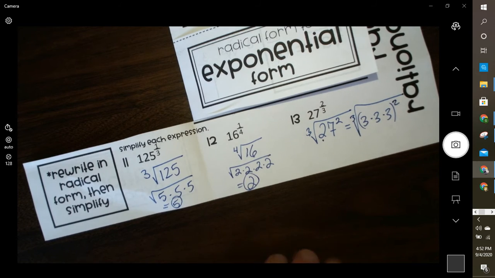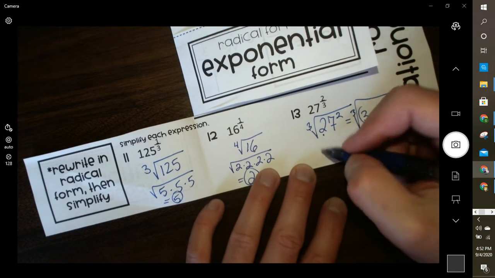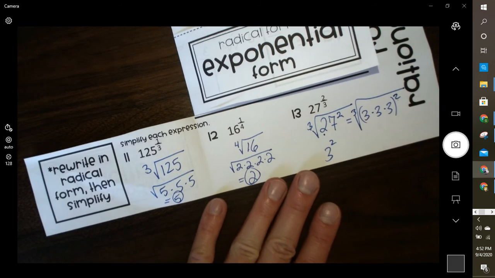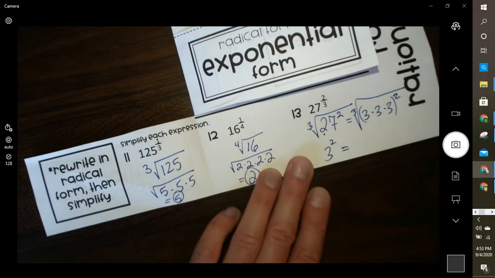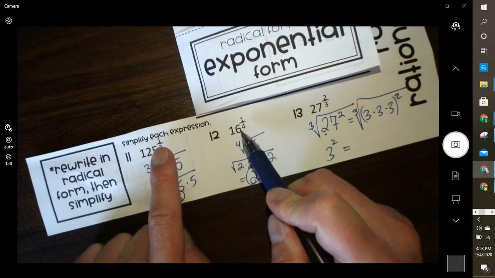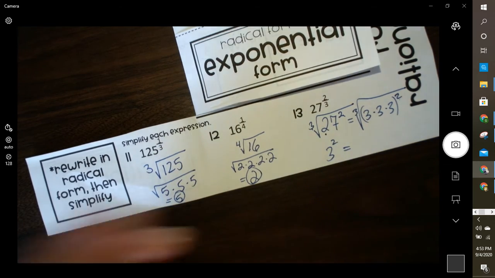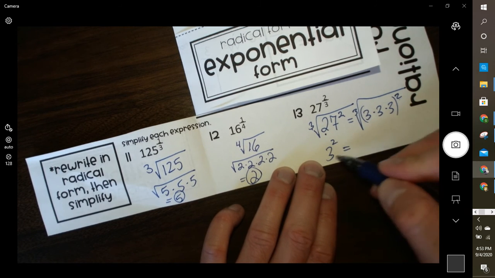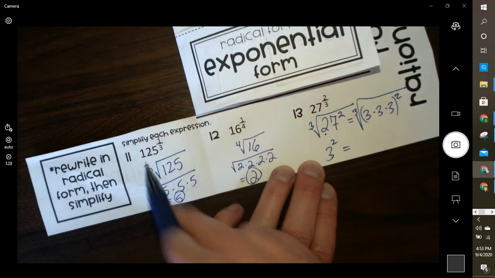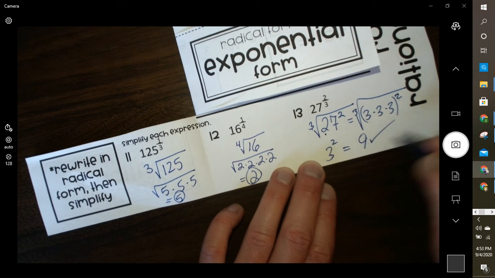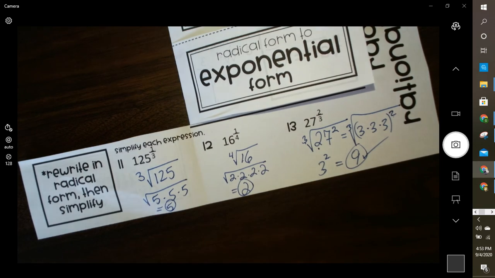But anyways, that's going to simplify to 3 in the long run, and we still have that exponent of 2. We've got one more step when this occurs. These other ones just had the 1, so we didn't have to do this step, or it really didn't matter. Here we are going to have to square that to make sure we simplify it totally. We want to get rid of all the exponents. 3 times 3 is 9, and that's our final answer for our last example here today.